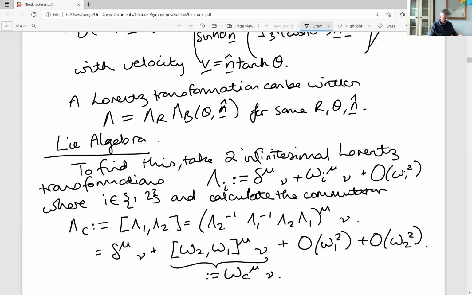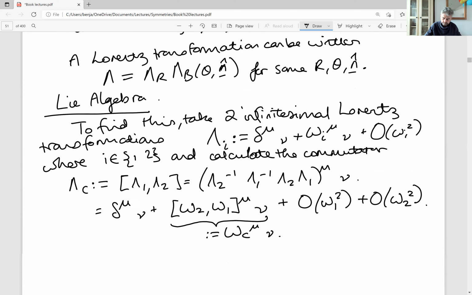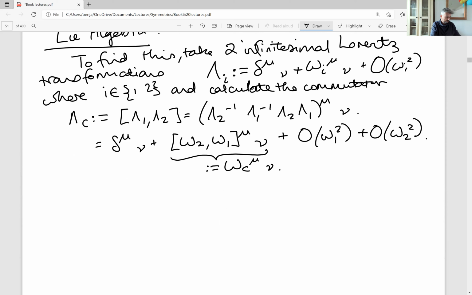Let me just say now that, just forgetting the infinitesimal transformations for a moment, I can write some lambda equal to the exponential of some parameters times some matrices, which are the Lie algebra, right?